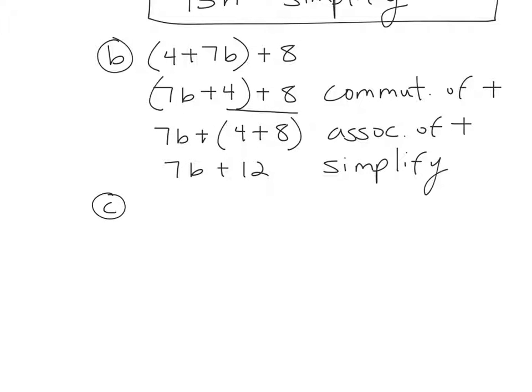Let's say we start with this: 6xy over y. So what does y over y equal? Y divided by y. Not y. What's 8 divided by 8? 1, right? So y divided by y is 1, okay?